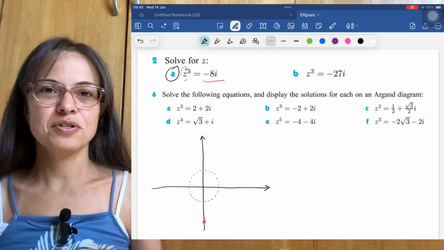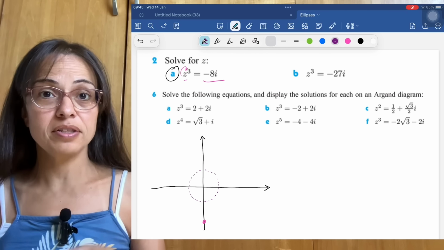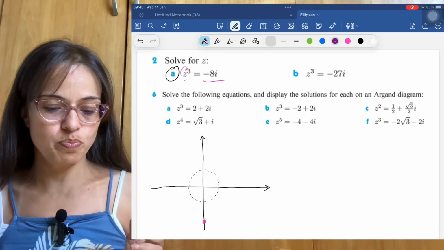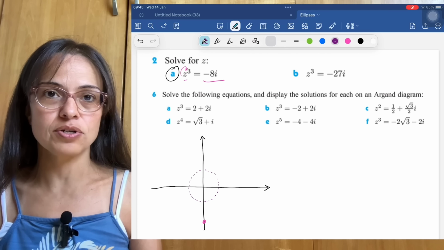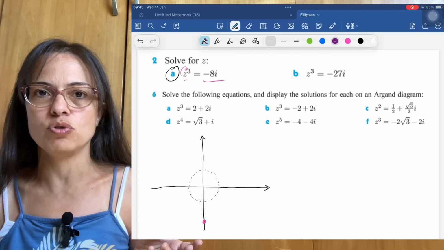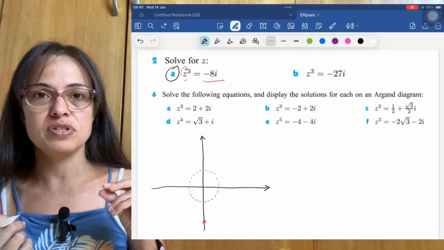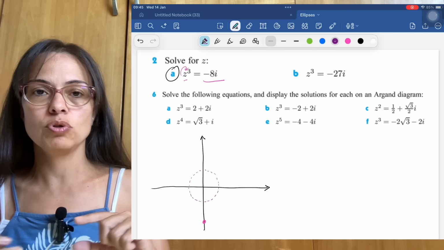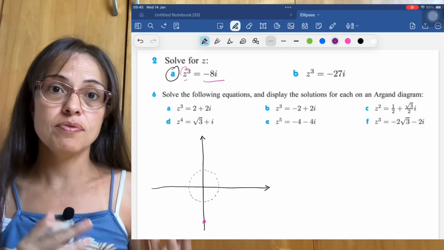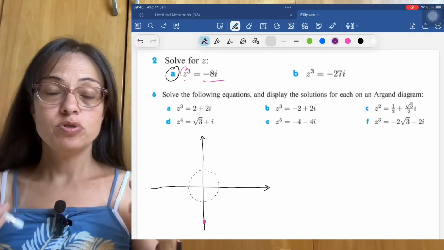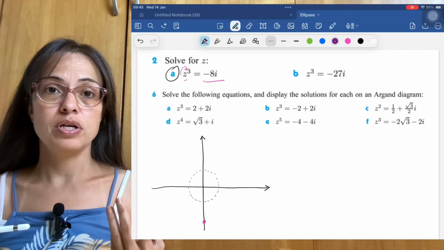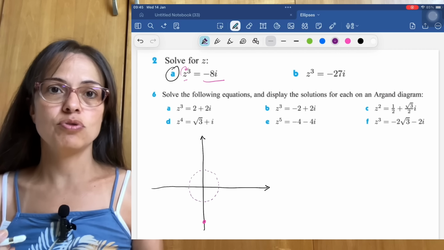Imagine that this is a circle of radius 2. It's not that the whole circle is solutions, but the solution that we're talking about is going to be somewhere on that circle. In fact, all 3 solutions are going to be there because the modulus of the z needs to be 2. So we're looking for 3 points on this circle. And what does the argument need to do? Well, when you take your z and put it to the power of 3, you're going to use the argument of z 3 times.